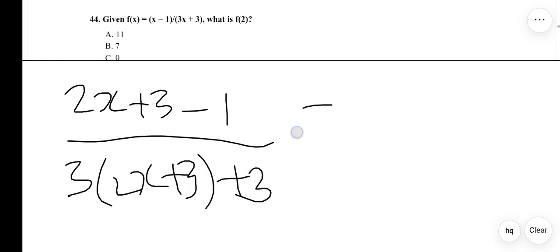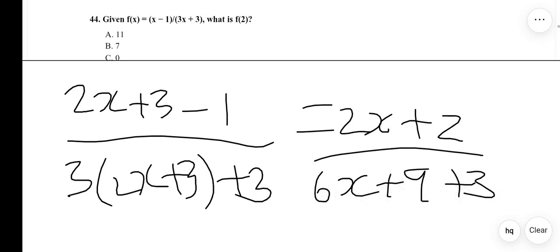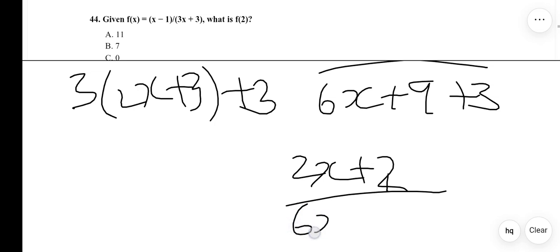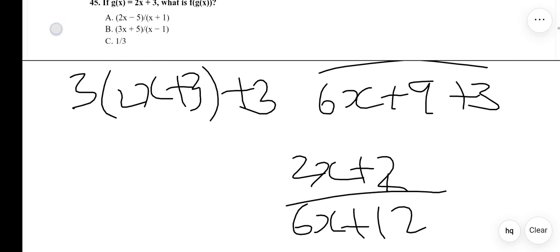So 2 times x will give me 2x. 3 minus 1 will give me 2. 3 times 2x will give me 6x. 3 times 3 will give me 9 plus this 3. So now I have 2x plus 2 at the numerator, then this 6x. 9 plus 3 is going to give me 12.